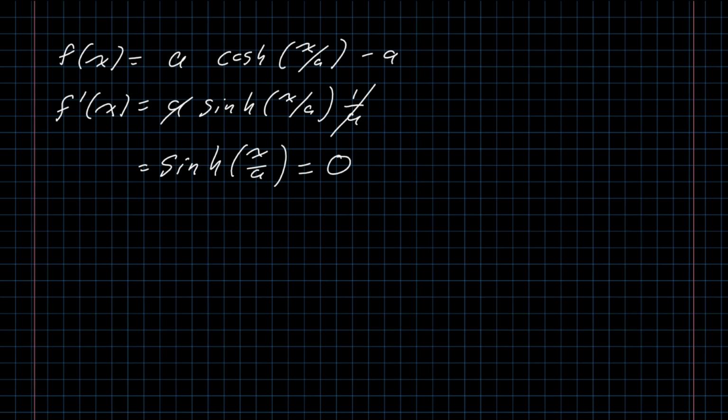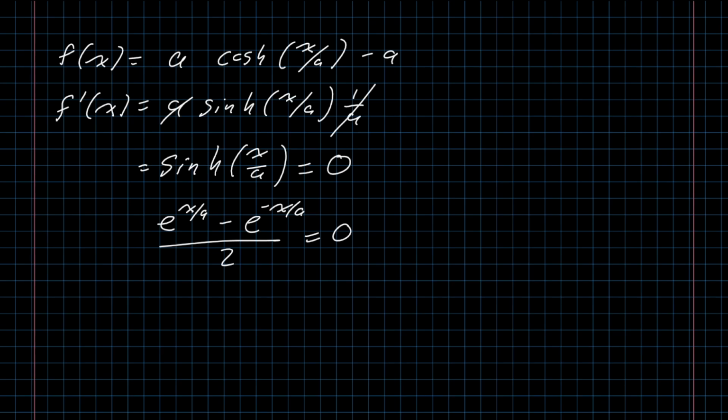Critical points occur when this derivative is equal to 0. Trying to figure out when sinh is equal to 0 is a little bit tricky. I think I'm going to go to the exponential form. So this is e to the x over a minus e to the minus x over a all over 2.